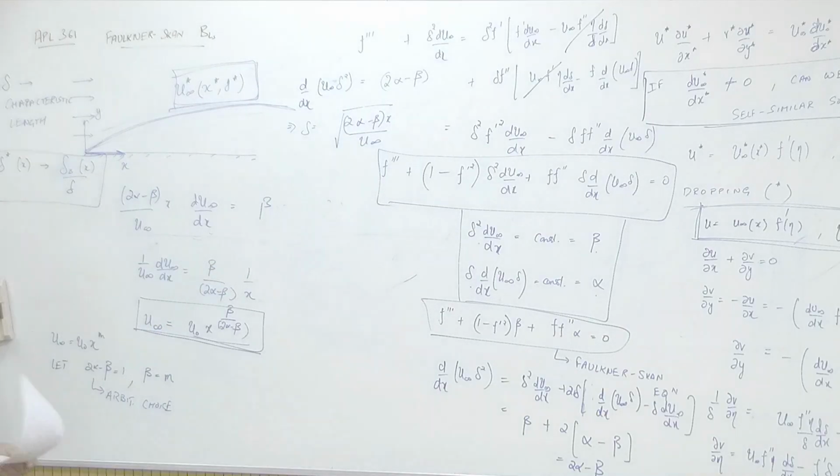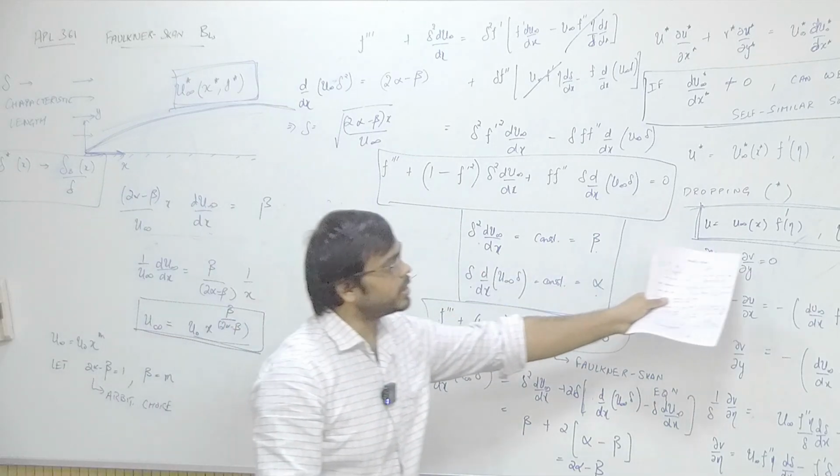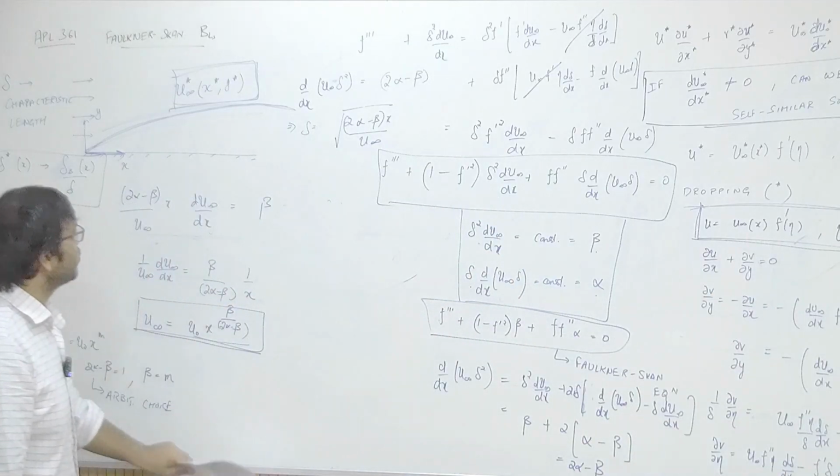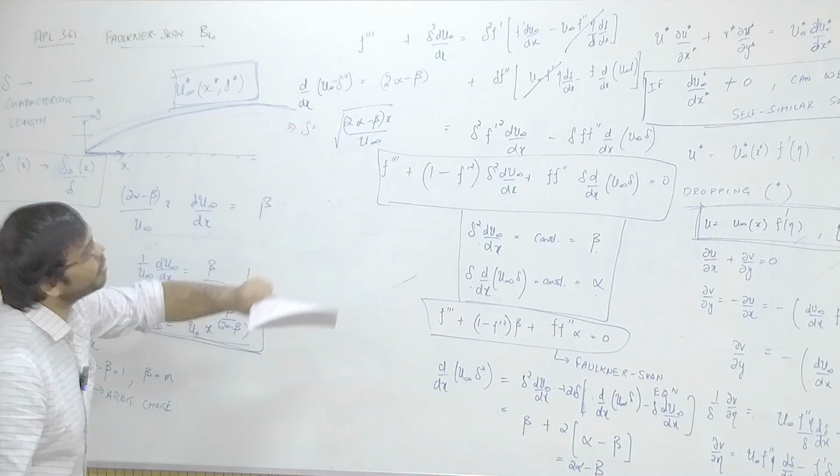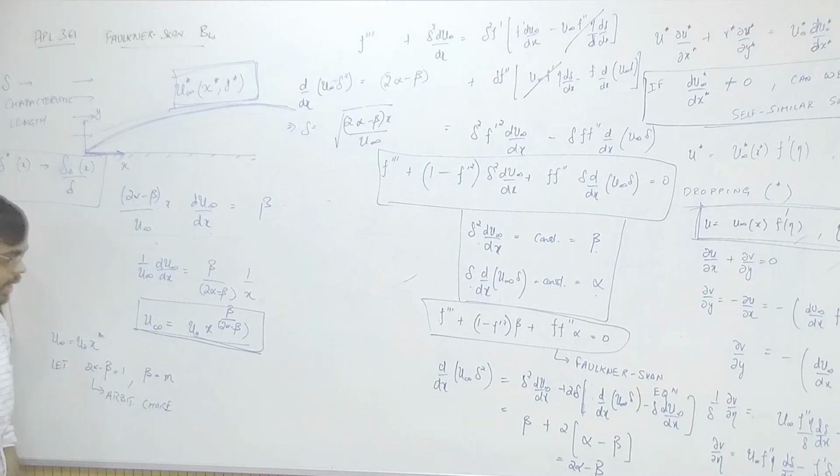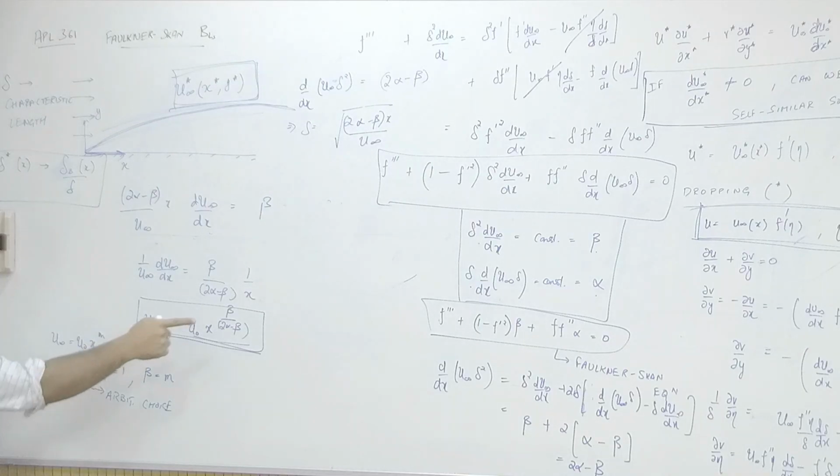The dimensionless solution will change a little bit based on how your eta and all these things scale, because delta has this 2 alpha minus beta. That thing will change, but other than that nothing will change, and you can convince yourself by doing a computational solution of this equation or the Blasius equation.